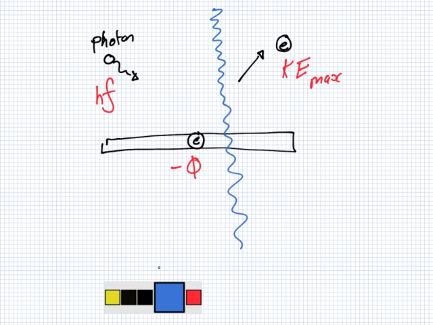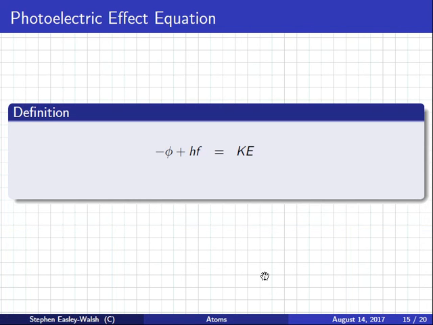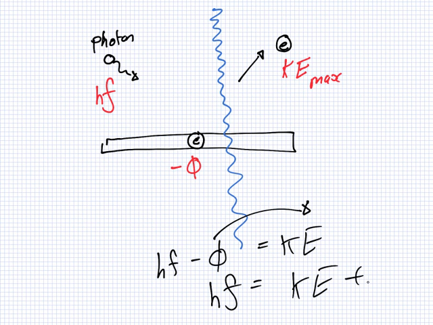So, if we equate the two, we have the formula hf minus work function equals KE, which I have here, but you more usually write it where everything is positive. So we bring this to the right, and we end up with the formula hf equals KE plus the work function.